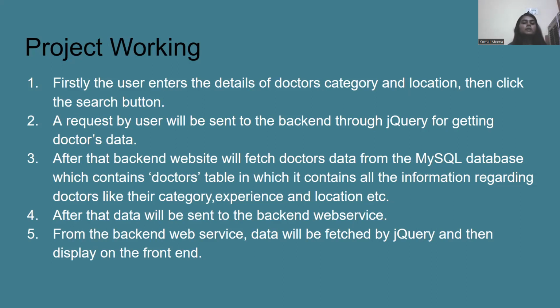In that table, all the information regarding doctors, the category, experience, location, everything will be provided. After that, data will be sent to the backend web service. From the backend web service, data will be fetched by jQuery and then displayed on our front end, on the screen of the user.